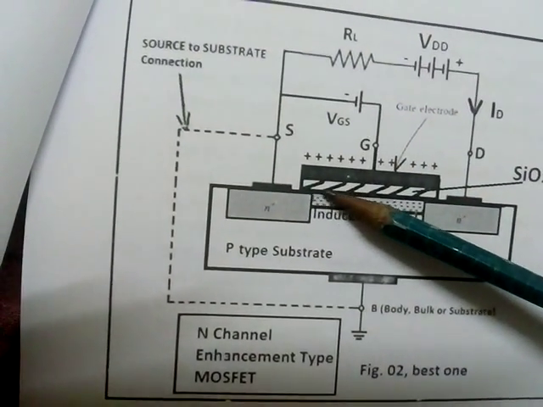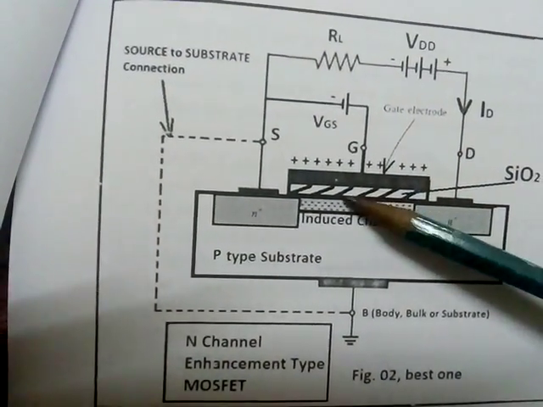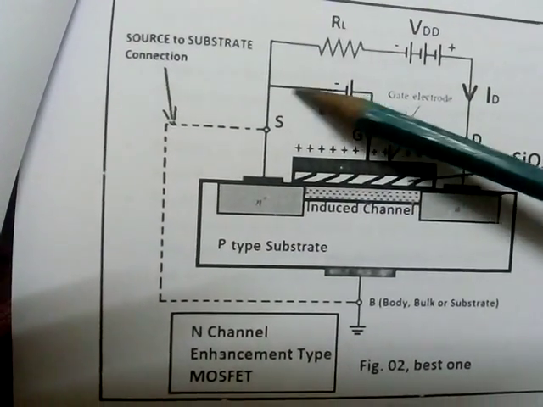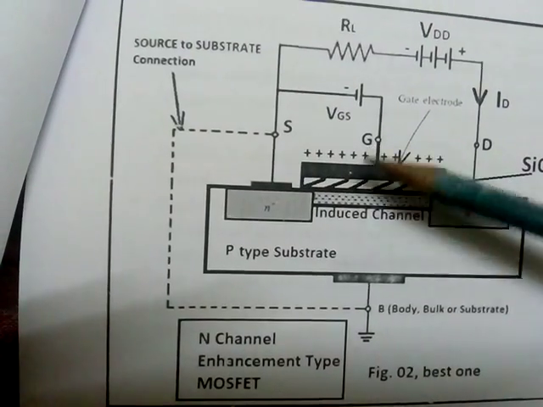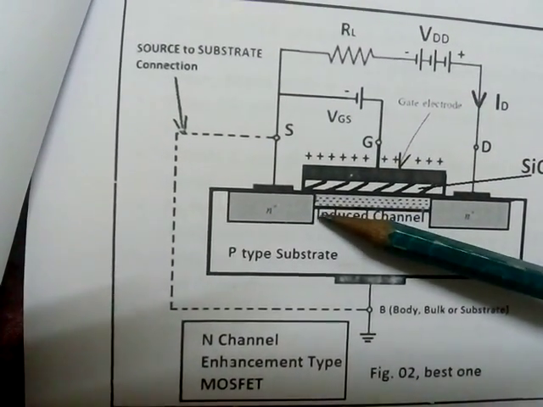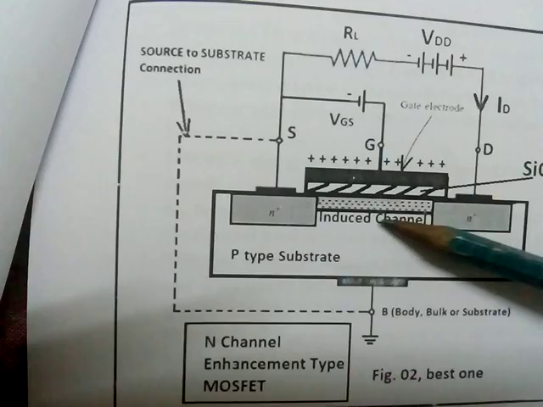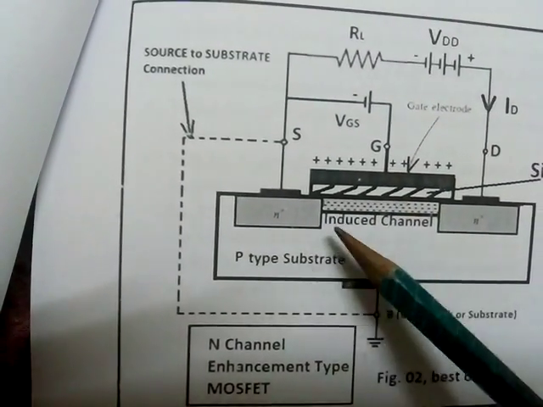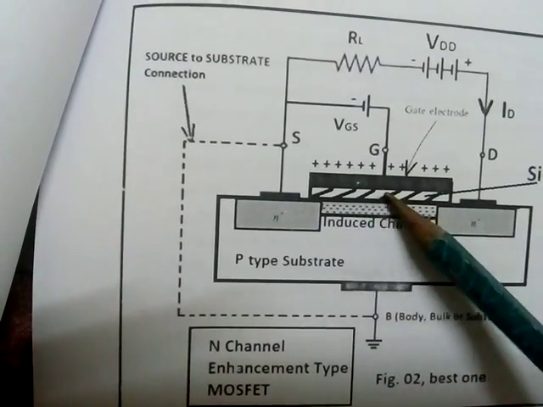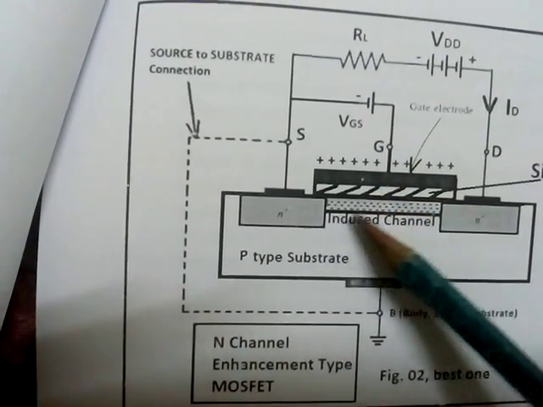But due to the presence of silicon dioxide, electrons cannot come into contact with the gate. They are just available near the gate terminal.